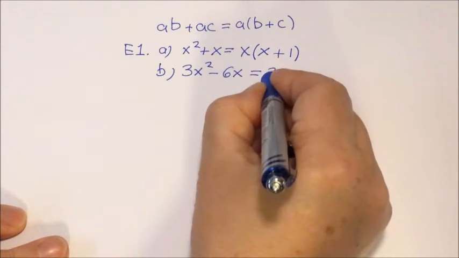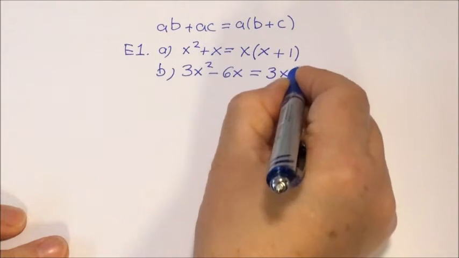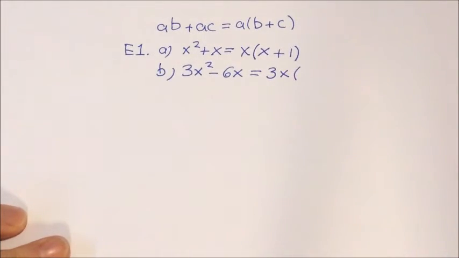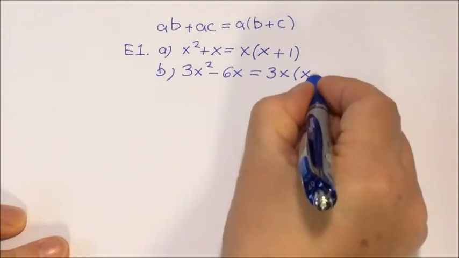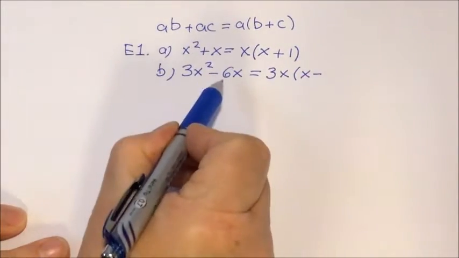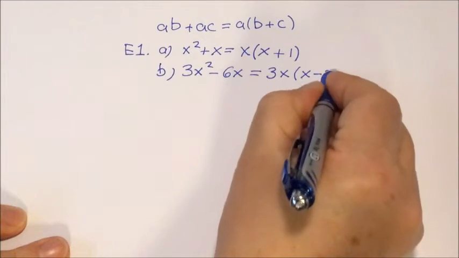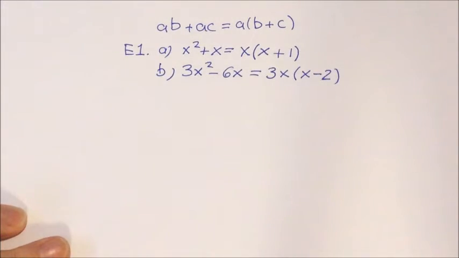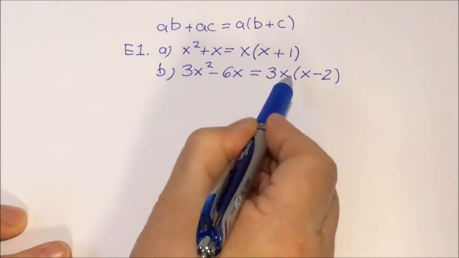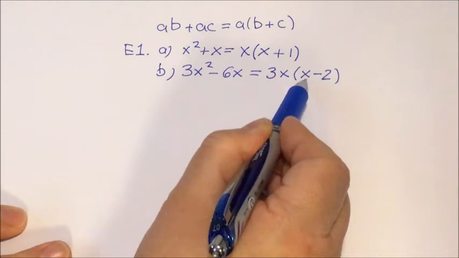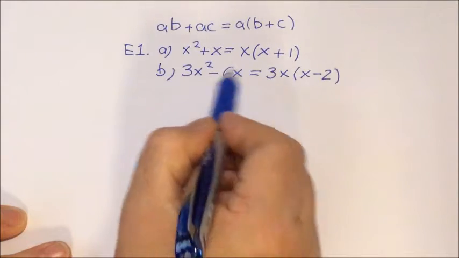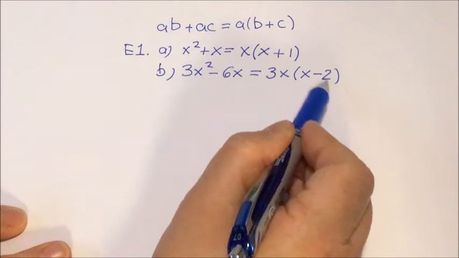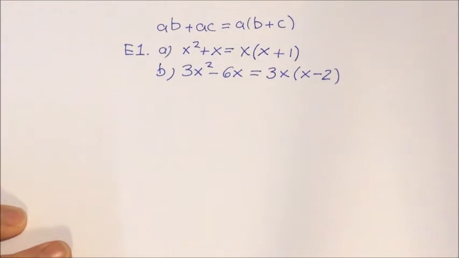So if we take 3x as a common factor, what is left from the first is x, and then we have minus sign, and what is left from the second is 2. And now if we try to multiply 3x times x, that's 3x squared, and then minus 3x times 2 equals minus 6x. Correct.